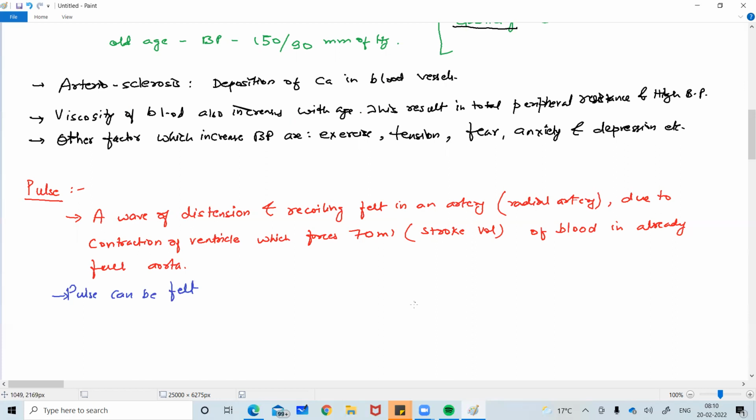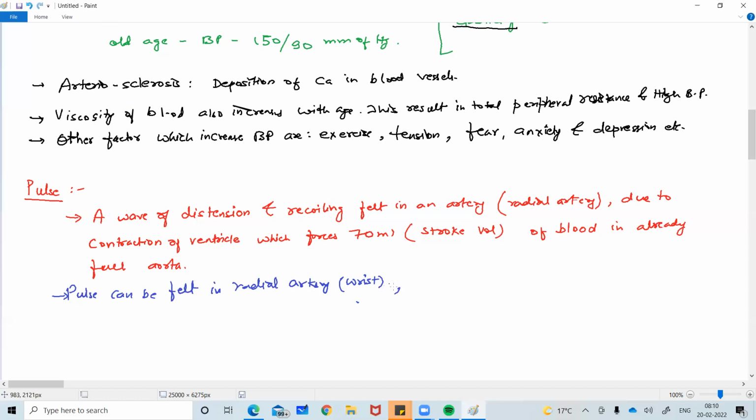So pulse can be felt easily in radial, means radial artery, that is in wrist, right?